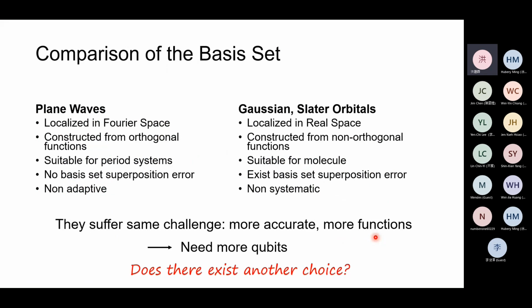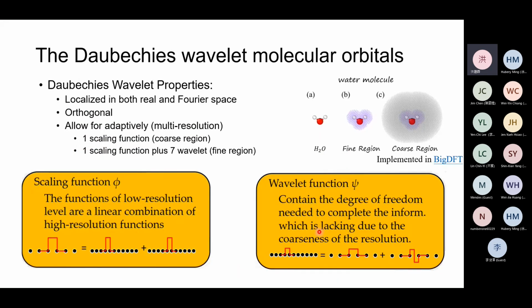So is that clear? Is there another choice? Yes, the answer is wavelets. In wavelet theory, there are two fundamental functions: a scaling function, phi, and a wavelet function, psi. Also, the advantages of Daubechies wavelets are as follows. First, they are localized in both real and Fourier space.